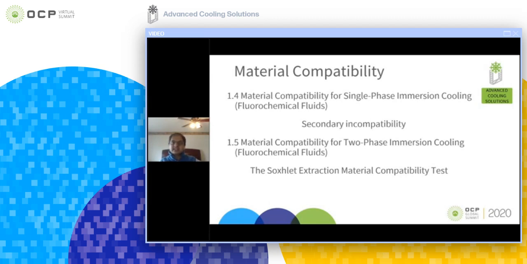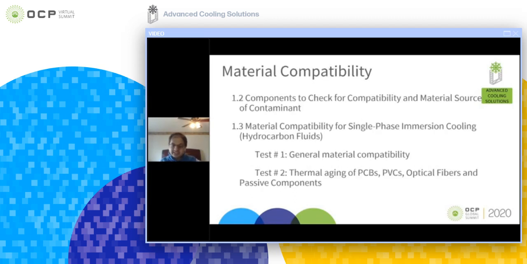So the second test covers material compatibility using hydrocarbon oils, again for aging tests of solders, QSFPs, and different components, active components, passive components, PVC cables, optical fibers, all of them.